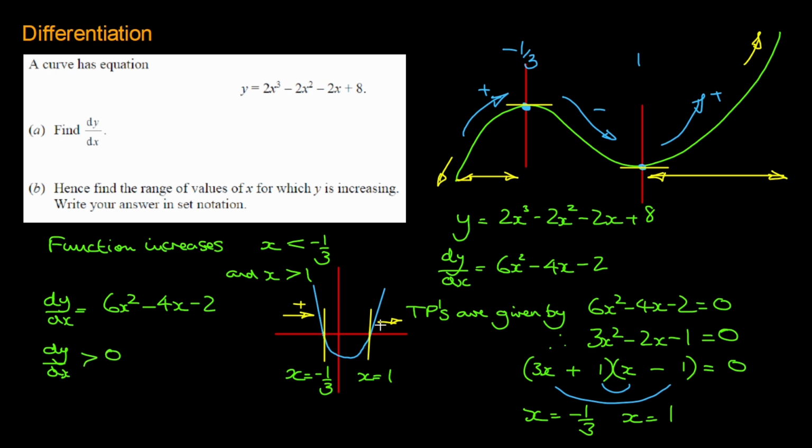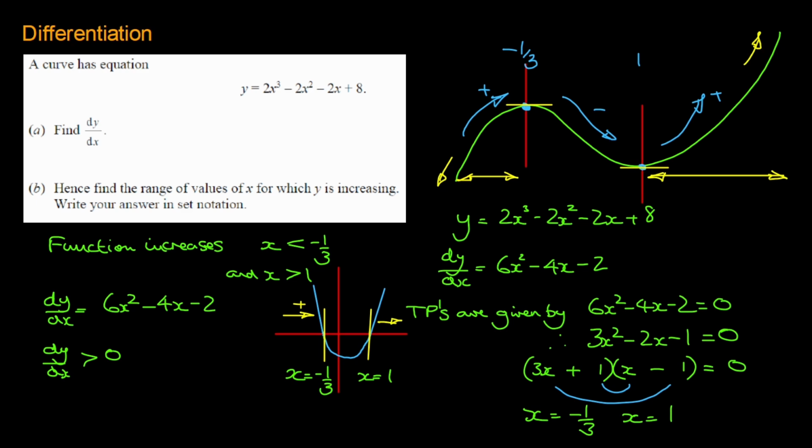Well, dy/dx, which is the blue line here, is greater than 0 up to, but not including, x equals negative a third, and beyond, again not including, x equals 1. So the analysis of the gradient function proves the same results as the analysis of the original graph, the cubic, having found the turning points of that cubic.